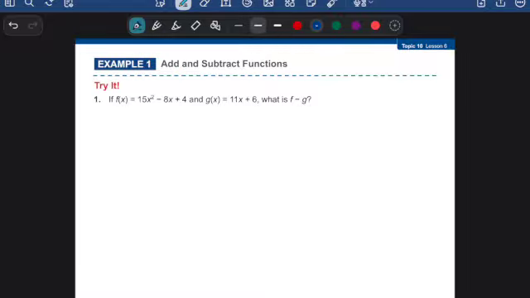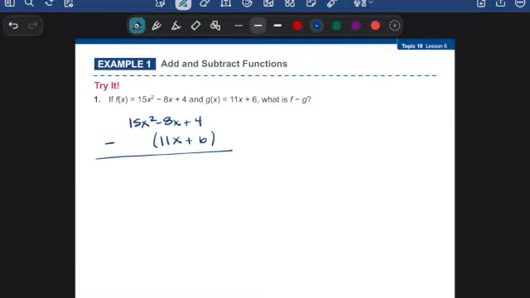All right, your turn to try it. We're going to subtract f minus g. So our f function is the quadratic function, so I'm going to write that first. I'm going to stack them vertically because I think this is helpful. I'm going to subtract g of x. So 11x needs to be lined up underneath my other linear term, and my constant needs to be underneath the other constant.